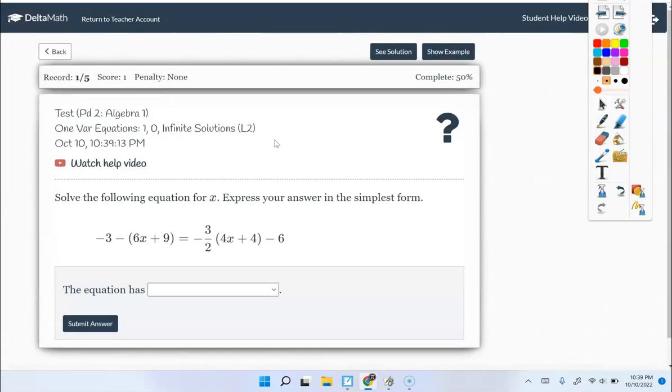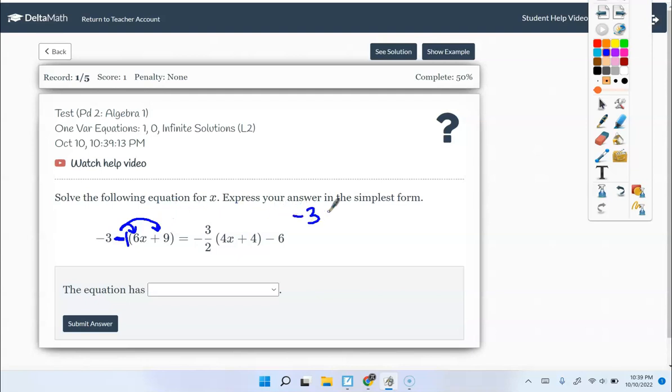Alright, you're going to manipulate these equations. You can use your fraction button on your calculator if you need to. Now, pay close attention here so that you don't make any errors. This -3 is not touching the parentheses. This minus sign is. So technically, I'm distributing this invisible -1.